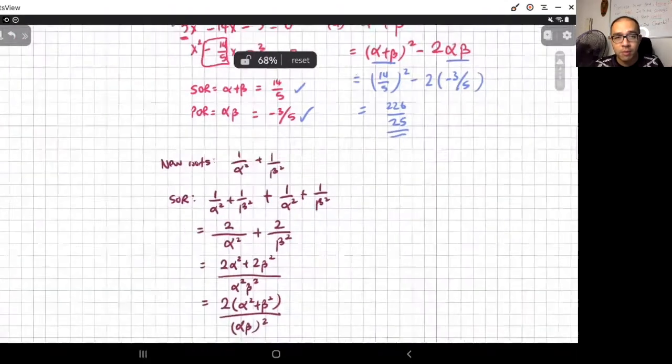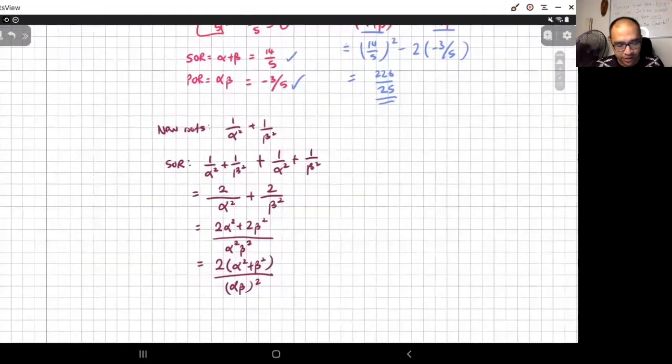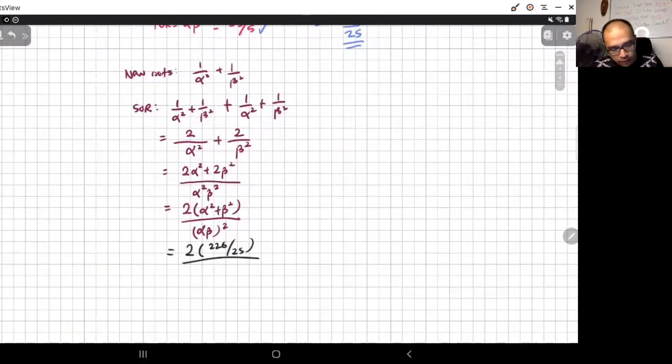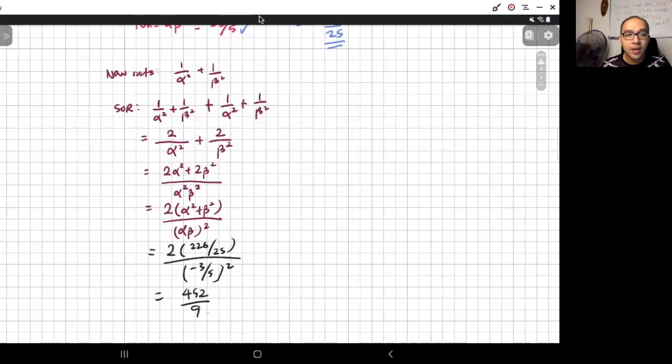I'm going to make this a bit smaller because I'm getting very tired of bringing it up and down. So 2 times 226 over 25 over alpha beta is given, which is -3 over 5, so -3 over 5 squared. And this will give us 452 over 9.